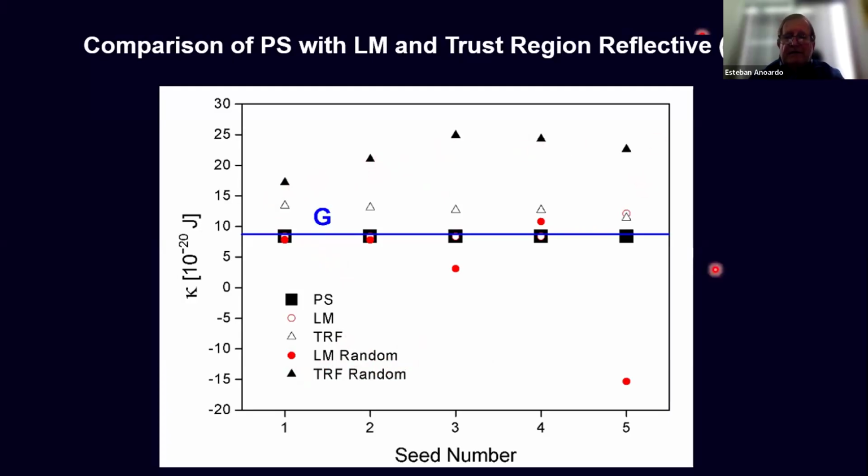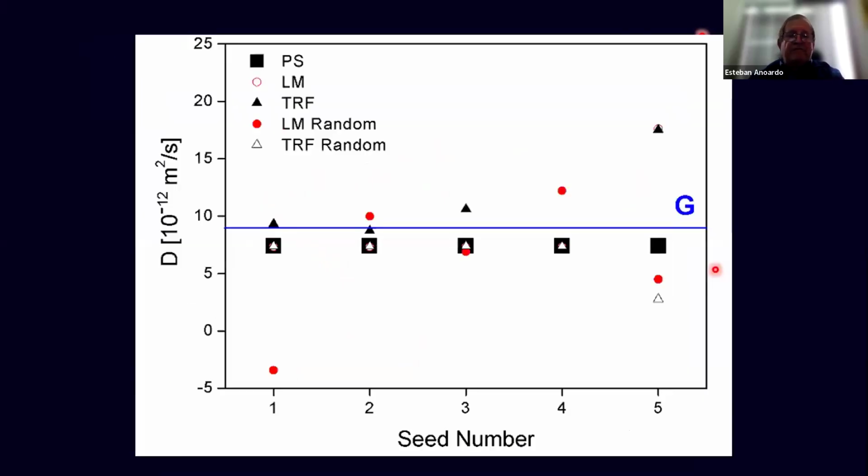It's failing. Okay, and then we can do the same for diffusion. Here we see that we have a problem, in fact, with diffusion, because even the pattern search, while independent of the seed, is not reproducing quite well the value of the generator. And I come back to this point. Here there is no PS with random, because PS with random works exactly the same.